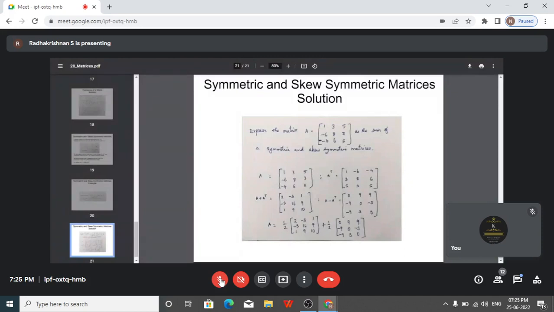A minus A transpose as 0, 9, 9; minus 9, 0, minus 3; minus 9, 3, 0. So A can be represented as half of A plus A transpose, plus half of A minus A transpose, which is this. It is very straightforward to do this kind of problem.